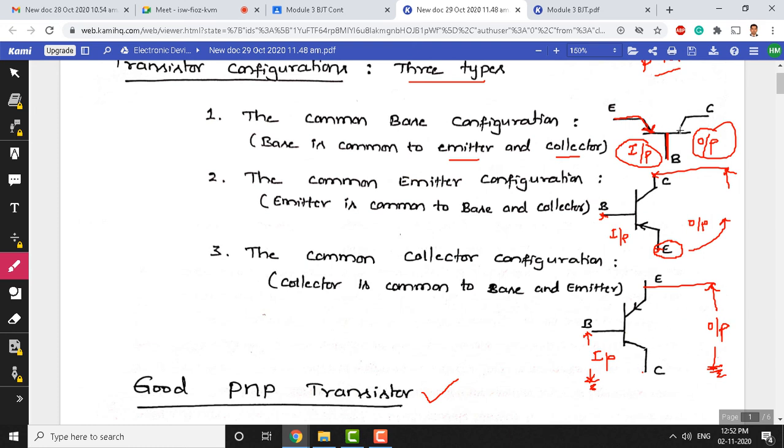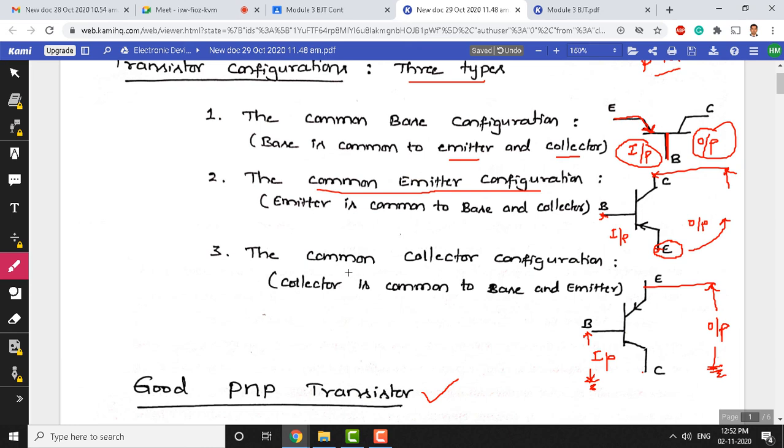Okay, so these 3 configurations are used in different applications. Mainly the common emitter configuration is widely used because of its input impedance, voltage gain and current gain. They are going to be moderate in this configuration. That is the reason we choose common emitter configuration compared to common base and common collector configurations. We can't ignore even common base and common collector configuration. They are also used in some applications, but compared to common emitter, these are less used.